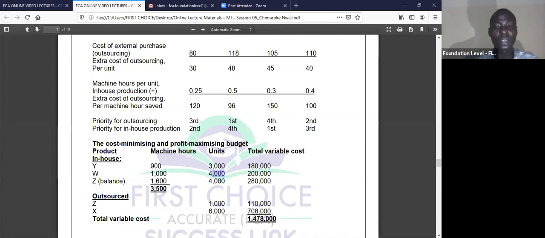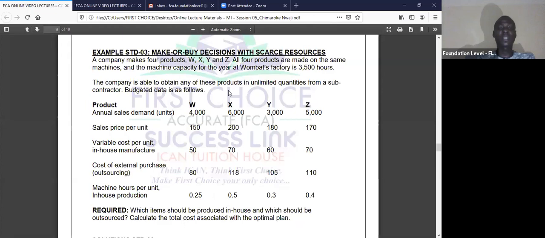So you say 4,000 times 0.25, which is 1,000 machine hours. Mind you, how many machine hours are we looking for here? 3,500 hours. We shouldn't exceed above it.